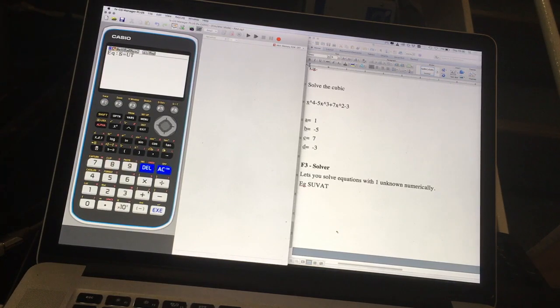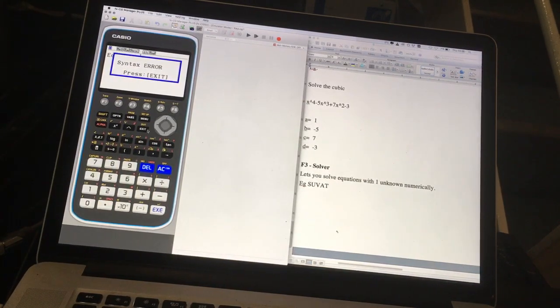It's a bit fiddly. I can cheat because I have a keyboard, but there you go. Syntax error.